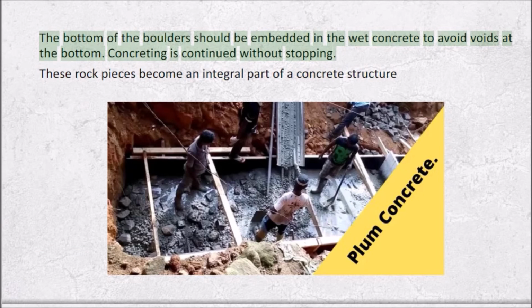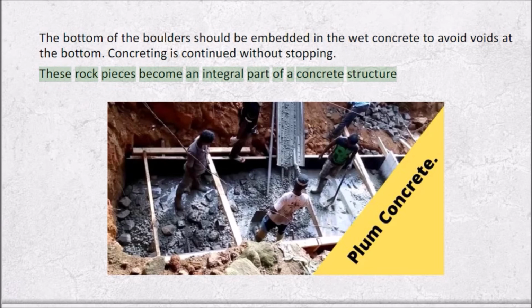The bottom of the boulders should be embedded in the wet concrete to avoid voids at the bottom. Concreting is continued without stopping. These rock pieces become an integral part of the concrete structure.